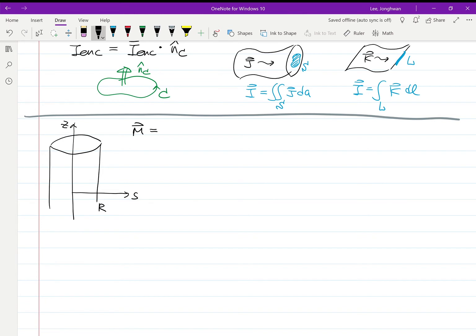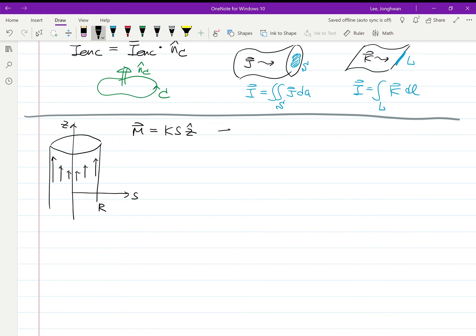Even without an external B field, it has a permanent or inherent frozen-in magnetization M, which is given by k s z-hat. So it means that the magnetization is very weak along the z-axis, but it gets stronger and stronger, and is strongest at the edge, near the surface.